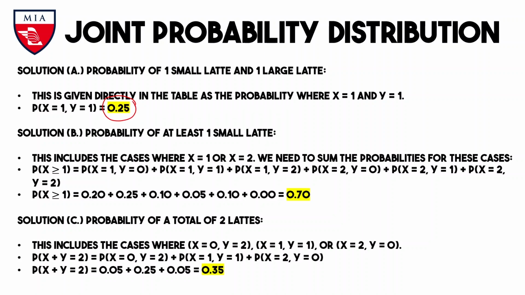Solution letter B. What is the probability of at least one small latte? In order to solve this, we need to find the different combinations where there is at least one small latte.